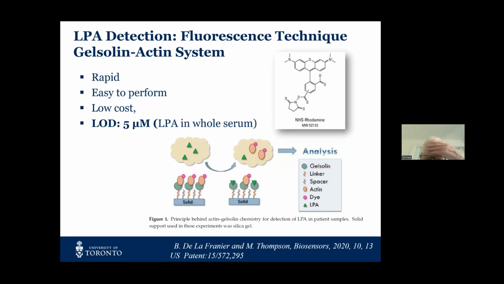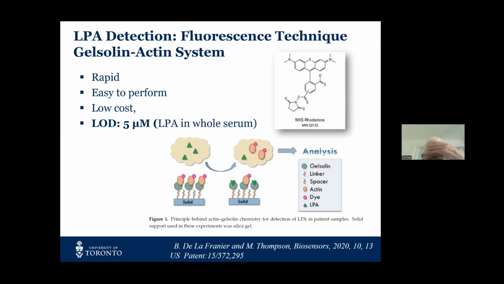It's very rapid, and we've done this in whole serum quite successfully, using this simple form of fluorescence spectroscopy. But the problem is that the limit of detection for this methodology is about 5 micromoles per liter in whole serum, which is not actually good enough for practical application. We need to get down, hopefully, to sub-micromolar in terms of concentration.